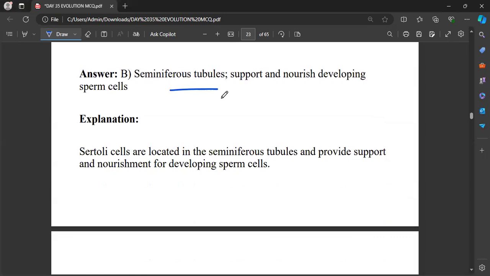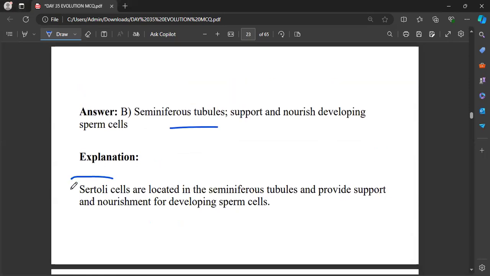That will be in the seminiferous tubules. The function of the Sertoli cells is to nourish the sperm cells. So, what are all the nutrients required by the sperm cells that are delivered by the Sertoli cells?